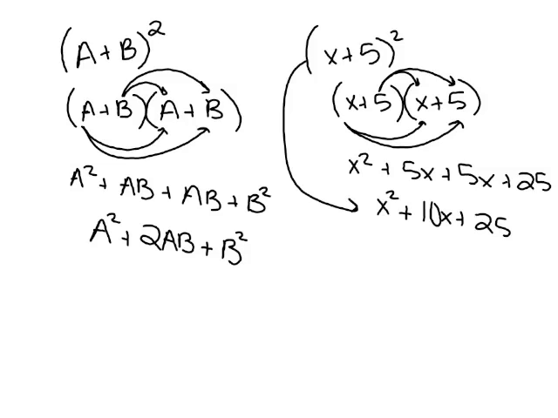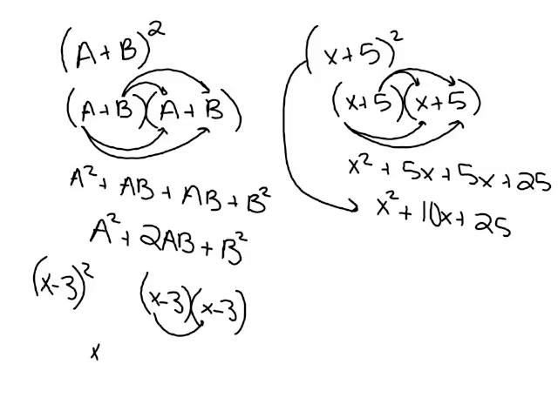So binomial squares. What if I have a negative? What if I had x minus 3 squared? How should I write it out? X minus 3 times x minus 3, and then if I FOIL it, what do I get? X squared, negative 3x, negative 3x, plus the 9.